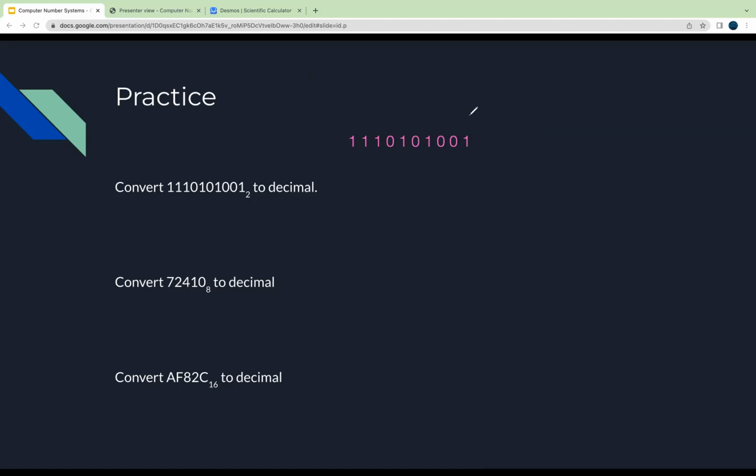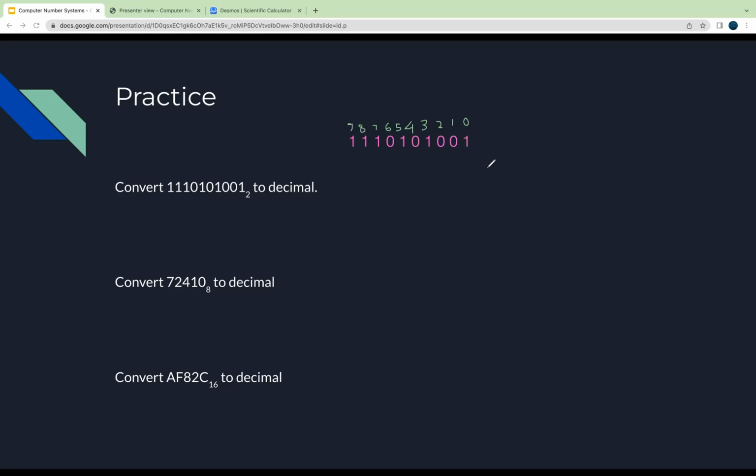Okay. Remembering the first step is that we index this. So 0, 1, 2, 3, 4, 5, 6. I have to write a little bit small here. 7, 8, 9.